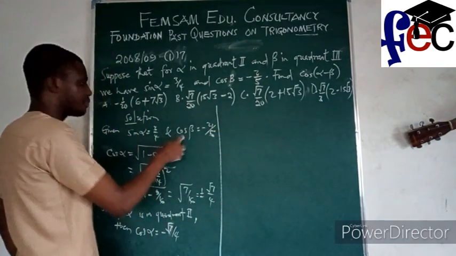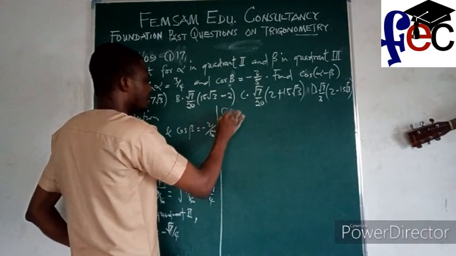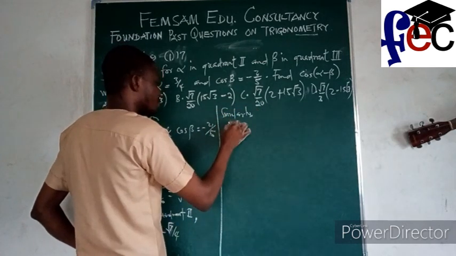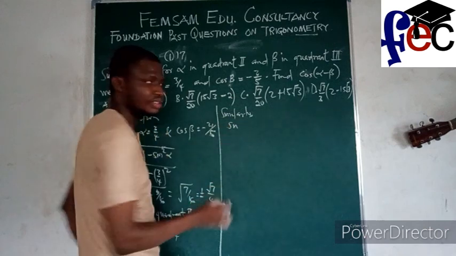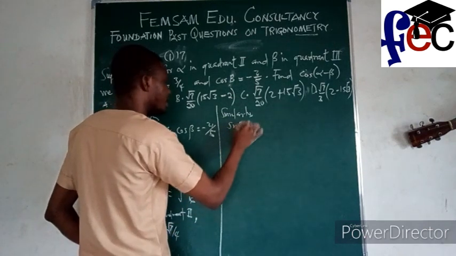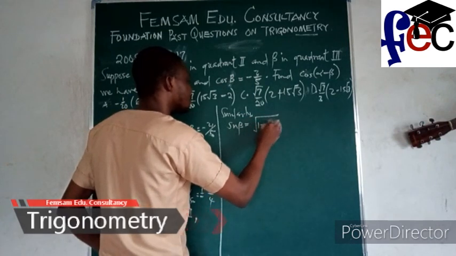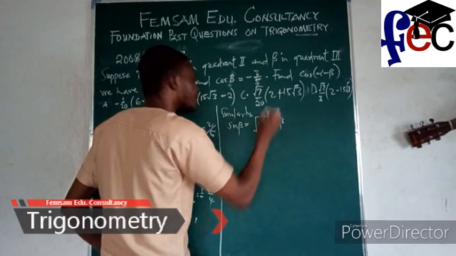We'll follow the same approach for this. Similarly, what is going to be sine beta? Now I'm quoting that straight away. Sine beta is going to be equal to the square root of 1 minus cos square beta.